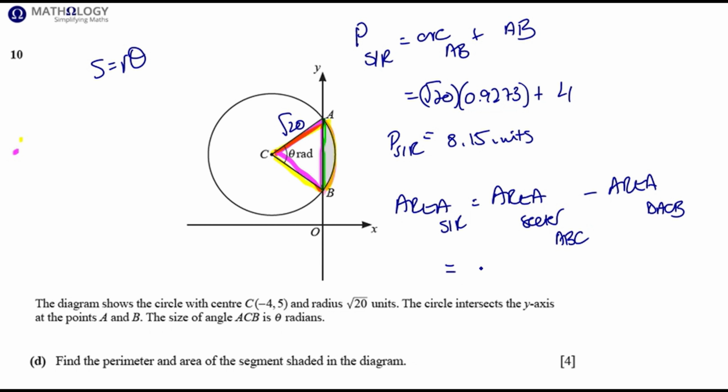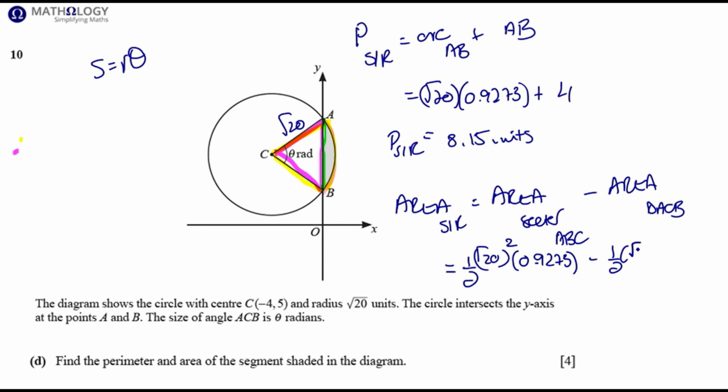So that will equal the area of the sector, which is a half the radius squared times the arc angle. The radius is root 20, so root 20 squared times the arc angle, 0.9273, minus the area of triangle ACB, which is going to be a half AC times CB sine theta.